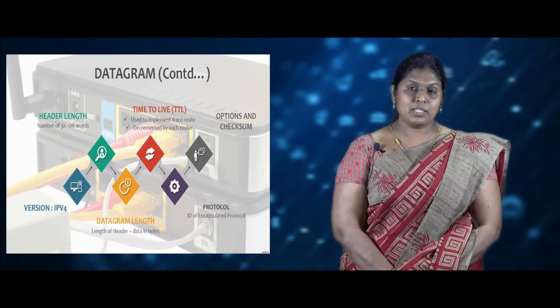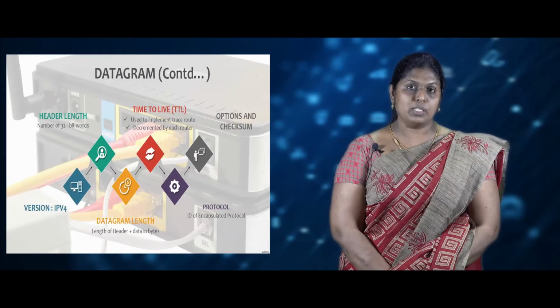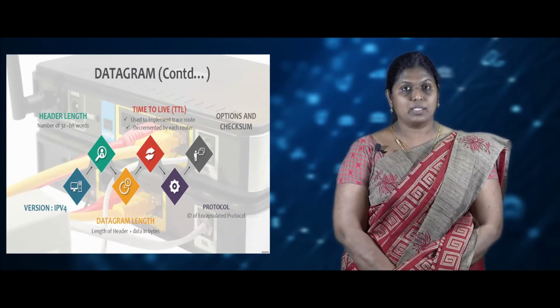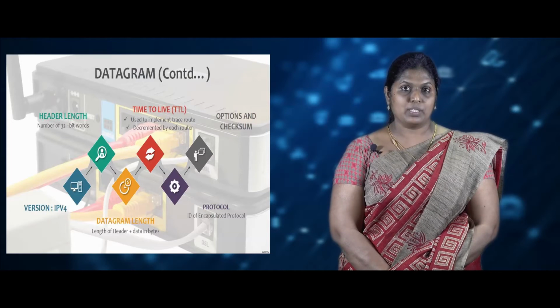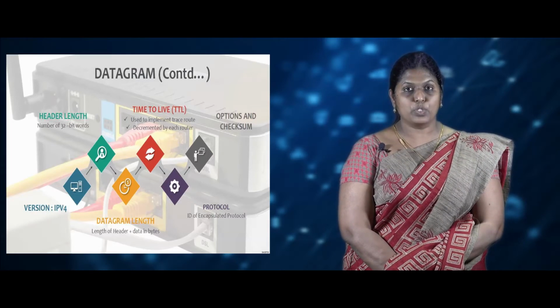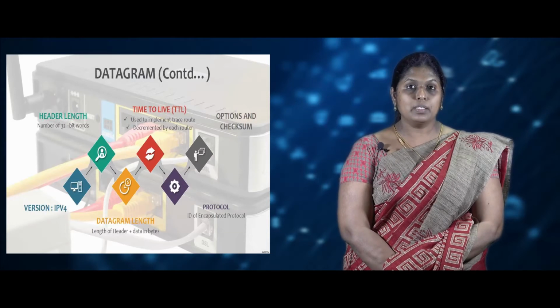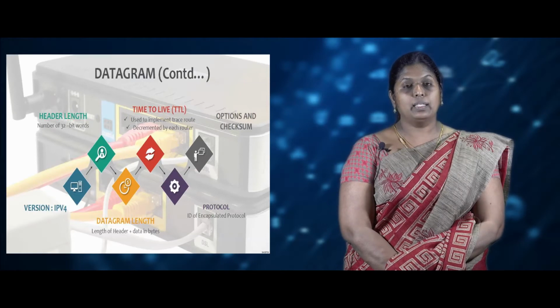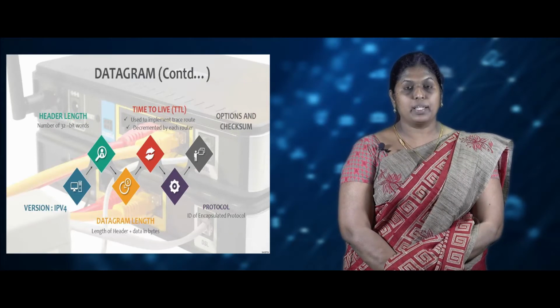The next integral part is the source IP address, followed by the destination IP address, and the next part is the option. This option part is not used by IPv4, and it is used by networking for testing and debugging purposes. And the last integral part is the data.